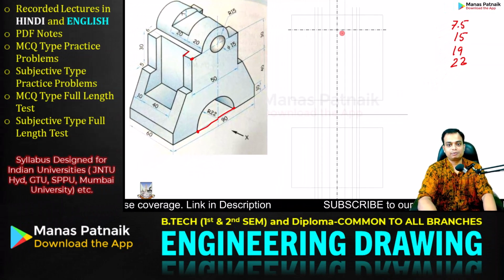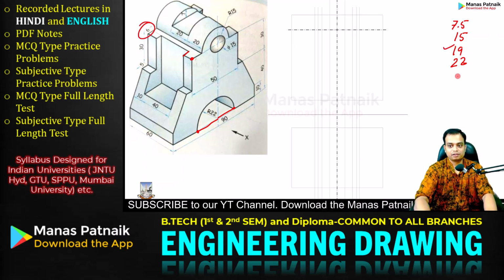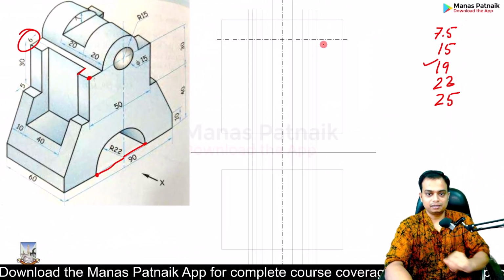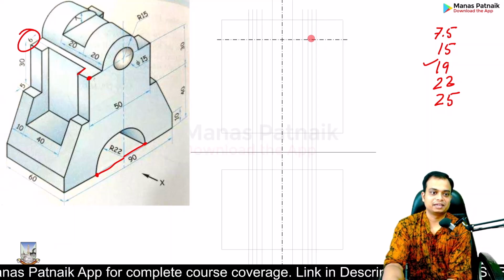And then you can go for this very point. With respect to this 19, add 6 more. So 25. 25 to the left and 25 to the right. Done? Till now, we are absolutely clear, right?